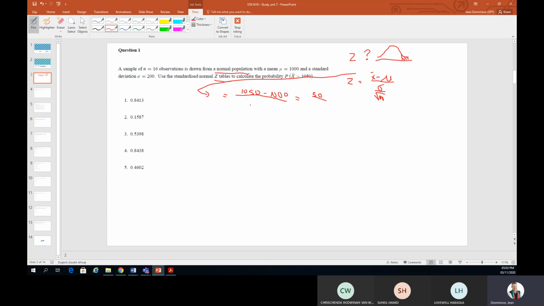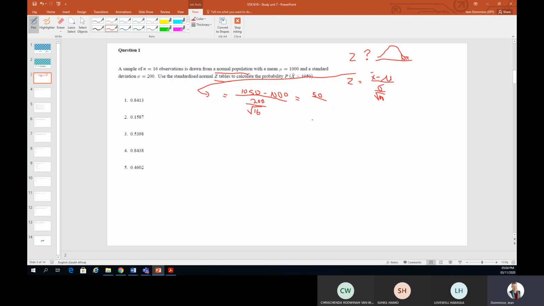Then at the bottom we have the standard deviation divided by the square root of n. The square root of 16 is 4.